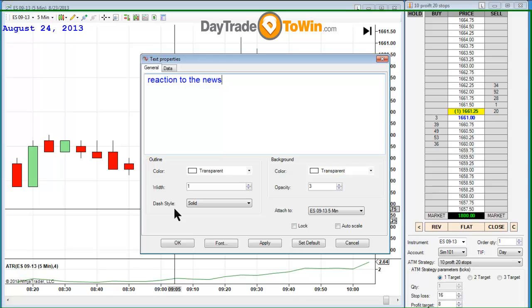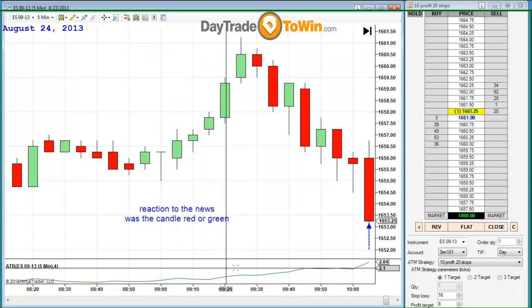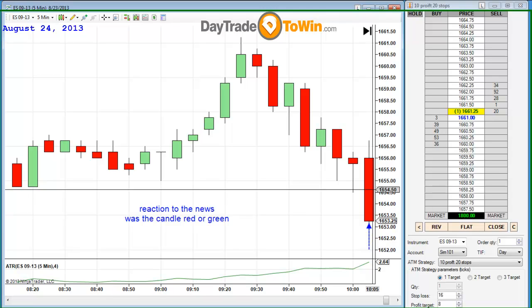Positive or negative, it doesn't matter. Then I say to myself, was the candle red or green? I don't want to make this overly complicated because really a lower close than open, higher close than open means a red or green candle.